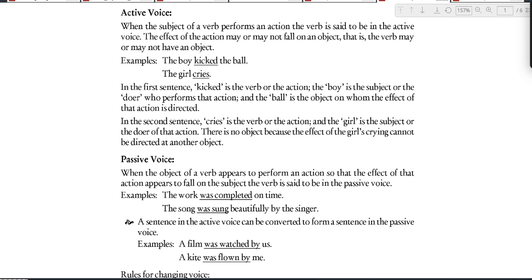Okay. Now, the work was completed on time. So it says that the work was completed on time.